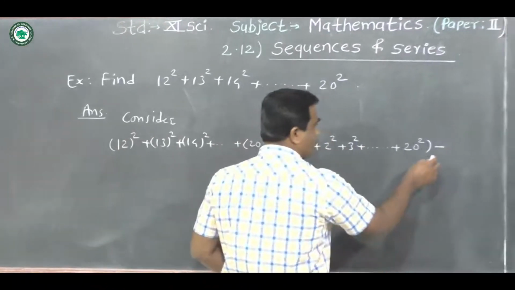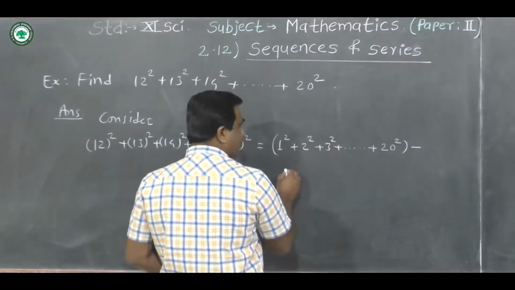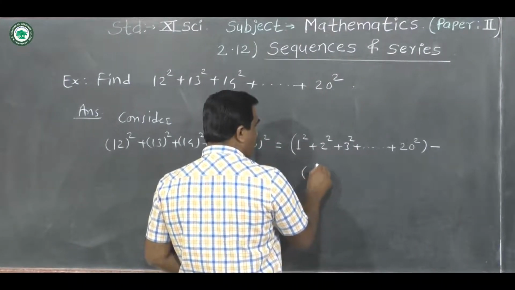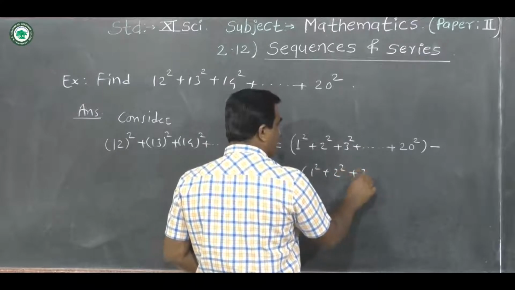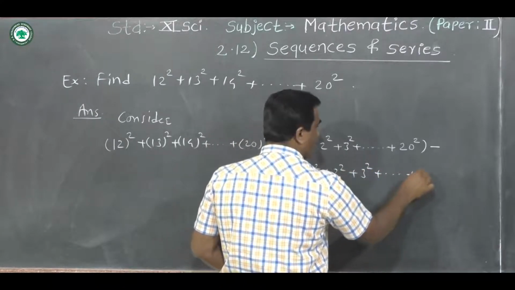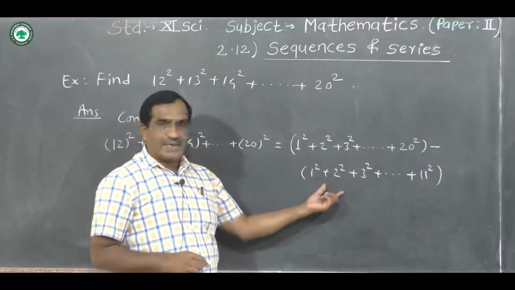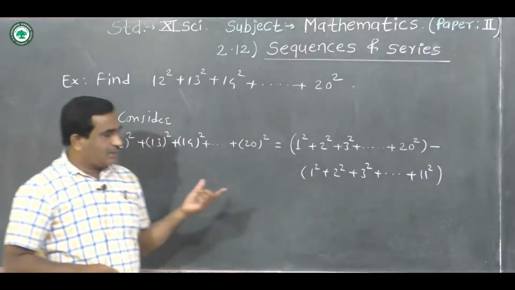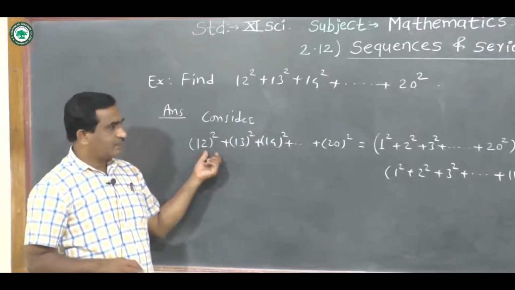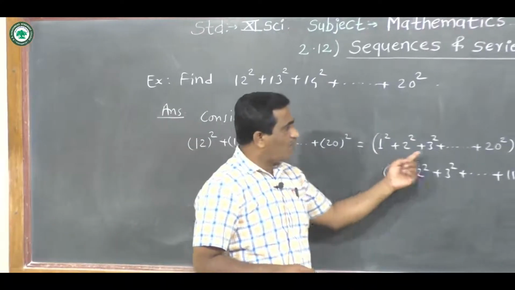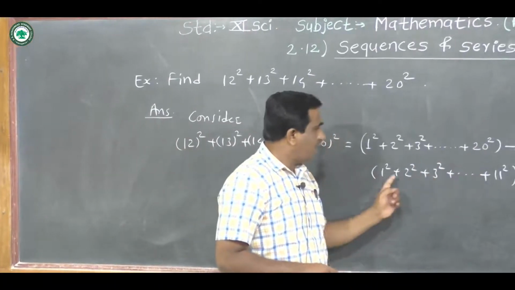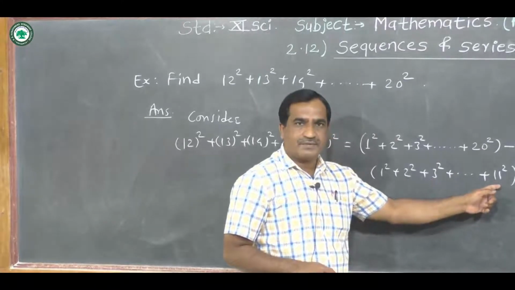That is, we can write here minus, in bracket, 1 square plus 2 square plus 3 square plus so on last term is 11 square. If we subtract this bracket from this bracket, then this sum remains. Okay, here value of n is 20 and here value of n is 11.